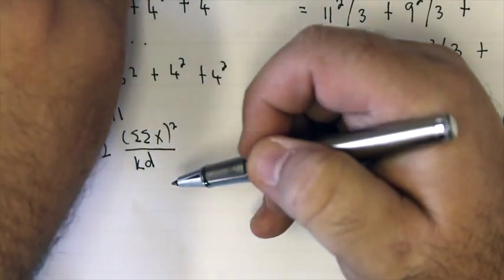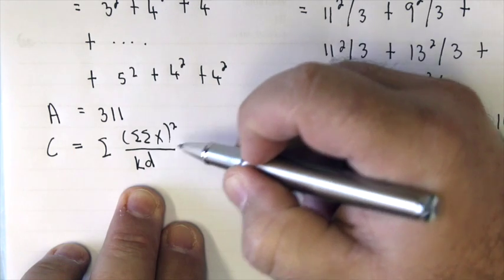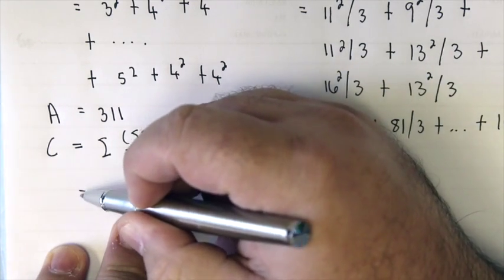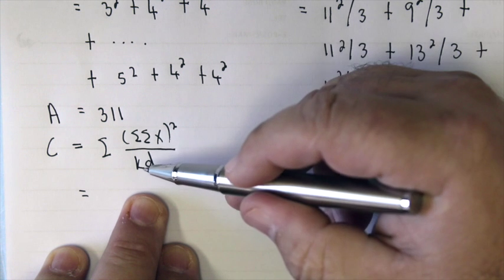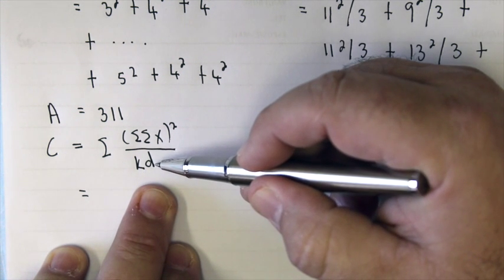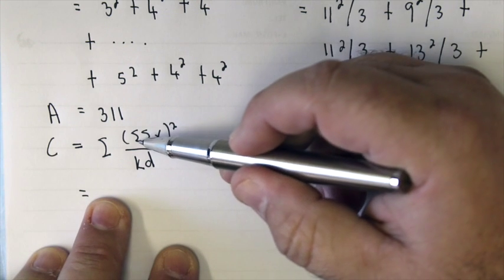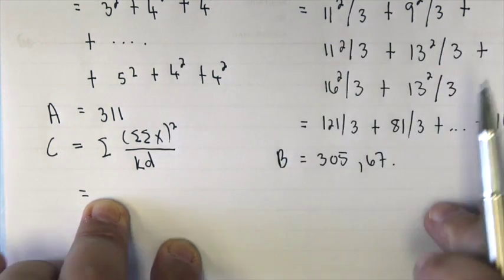Remember, k is the offspring per dam, which was 3, and d was the number of dams per sire, so it's 3 times 2, so that value becomes 6. The sum of x, that we've already calculated previously.